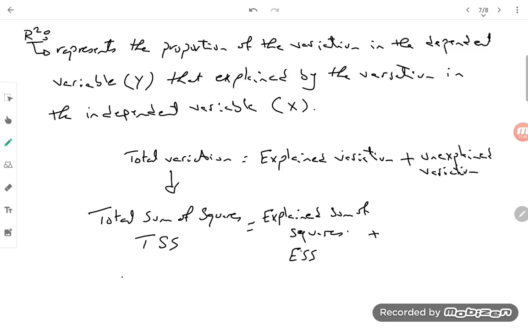And the unexplained variation is known as residual sum of squares, or RSS. So we can write it as TSS, which is total sum of squares, equals explained sum of squares plus residual sum of squares.